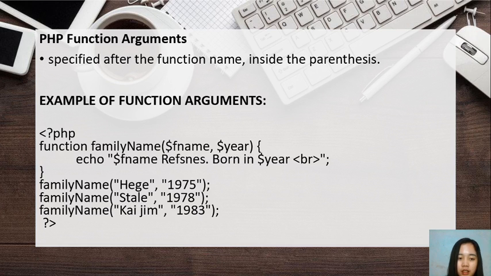In the example, fname or year are the arguments. You can add as many arguments as you want, just separate them with a comma.